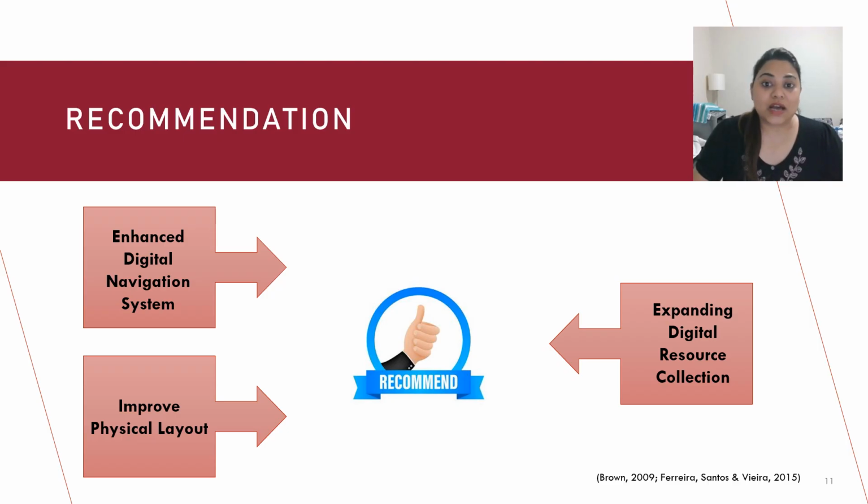These targeted steps are designed to address the common challenges faced by Western Sydney University Library users and position the library as a vital academic resource adaptable to evolving needs.